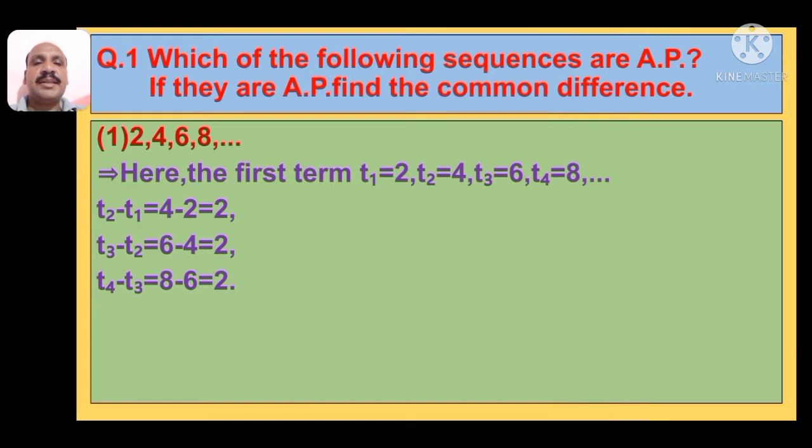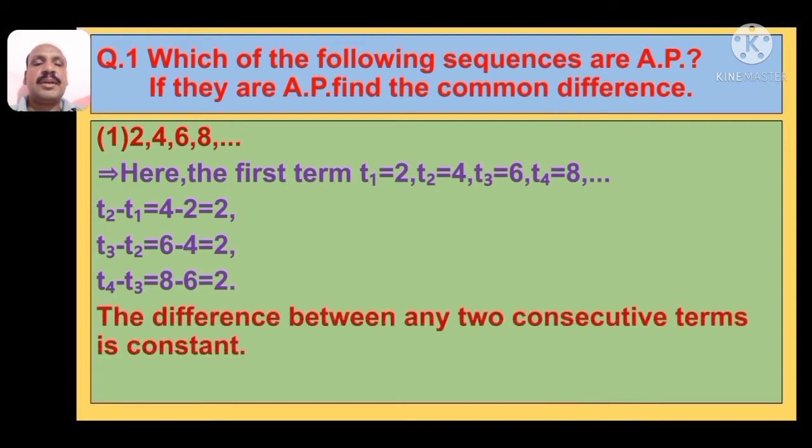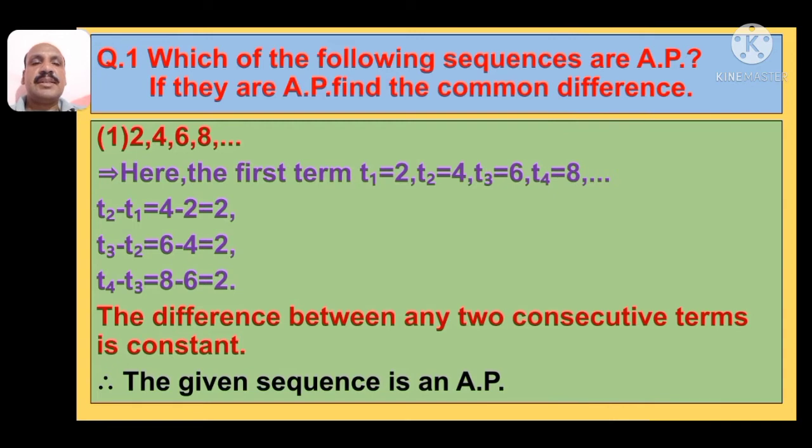T4 minus T3 is equal to 8 minus 6, 2. The difference between any two consecutive terms is constant. Therefore, the given sequence is an AP, that is arithmetic progression.